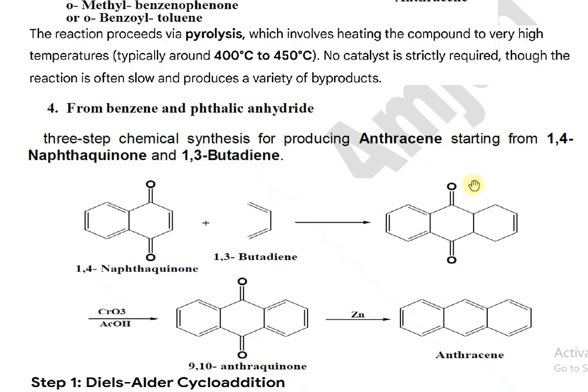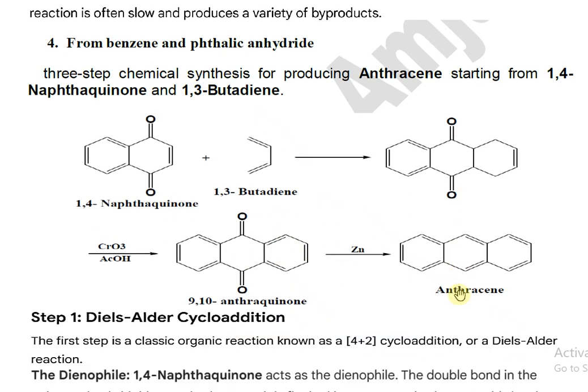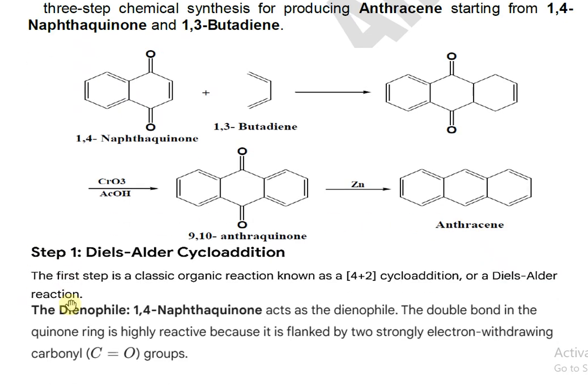The first reaction is the Diels-Alder reaction, and then reduction, which decreases the hydrogen atoms here, and aromatization. So step number 1 is the cycloaddition.